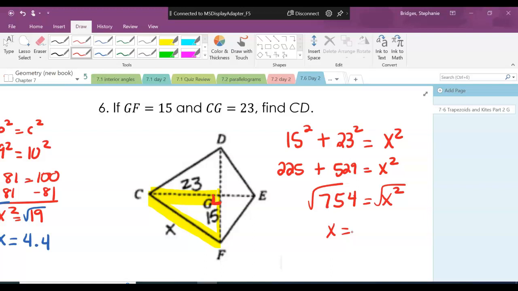Tell me what it is to 1 decimal place. Blue button, x squared button, 754 equals. 27.5, you said? Okay. Is everybody okay with 27.5? Okay. And that answers the question. That's all I needed to do. I don't need to plug it in and find anything else out. Anybody have any questions?